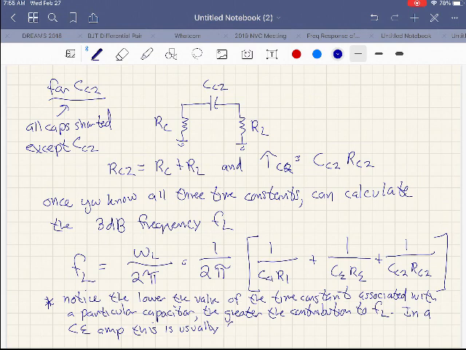Usually CE is the bypass capacitor, because the associated resistance RCE, the resistance we calculated, is typically small.